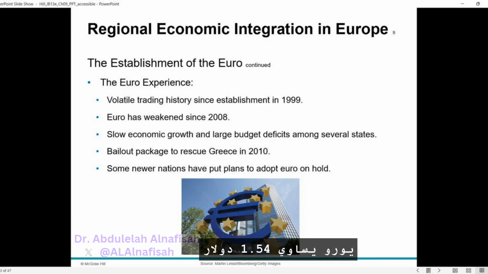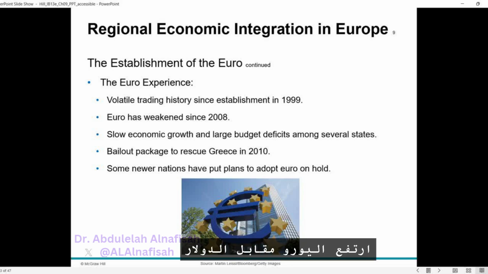equal $1.54 in 2008. This rise was partly due to investors pulling money out of the U.S. and buying euro-denominated assets. The euro's value increased further, becoming a significant portion of global reserves by 2004.